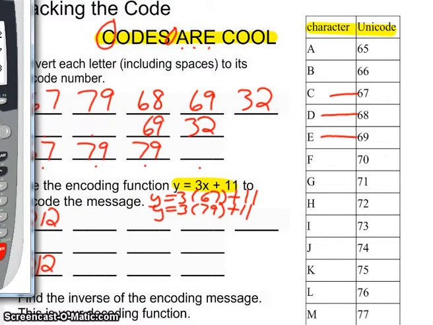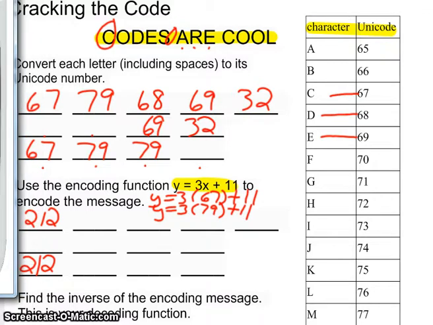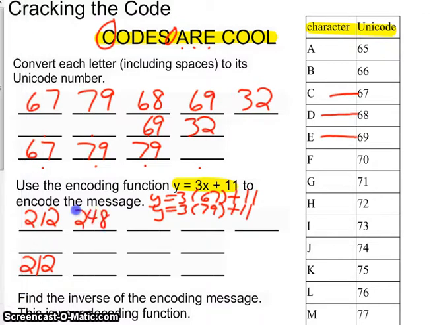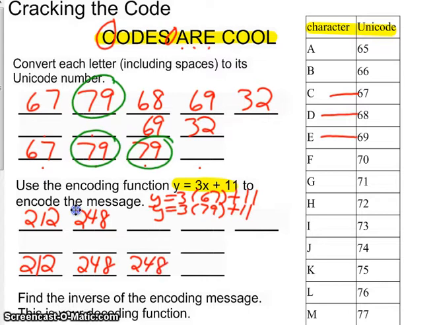So any place there is an O, I'm going to put 248. 79 is the input, so anytime you put a 79 in, your output will be 248. You're going to follow that to finish encoding the whole phrase.